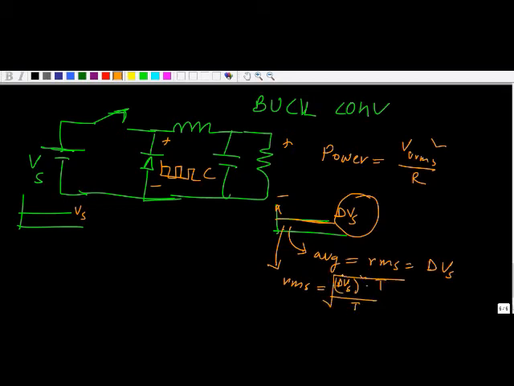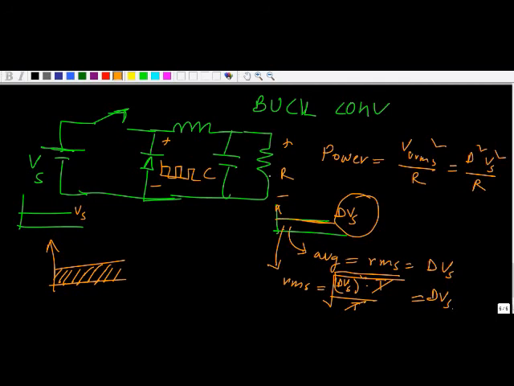Take root of this whole thing, this dt will cancel out and we will get DVs only. That is for a square waveform. You can check in other ways also. For this type of DC waveform, we will have RMS and average the same value. So we will have D square Vs square divided by R as the output load power.